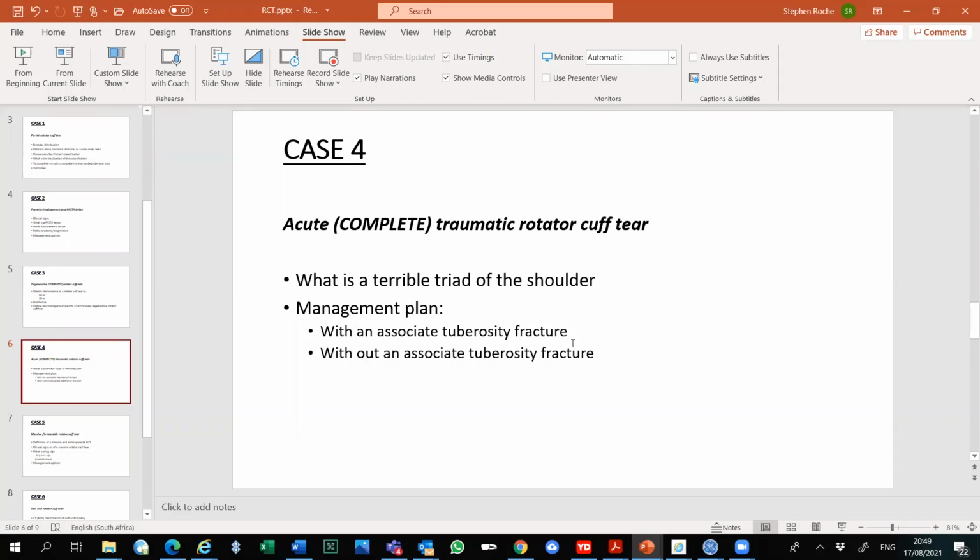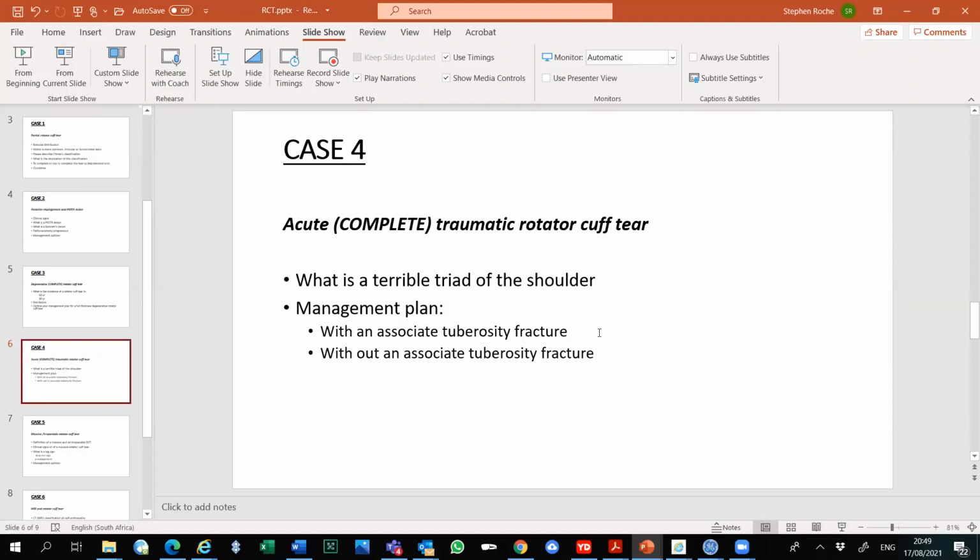Yapi put this in, so I'm not sure. What's your management plan if you have an associated tuberosity fracture or one without a tuberosity fracture? So usually when it's more of an acute tear, you'll tend to be more aggressive in surgical fixation than your conservative management.